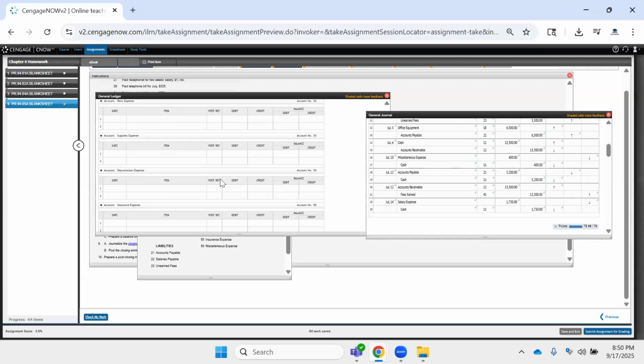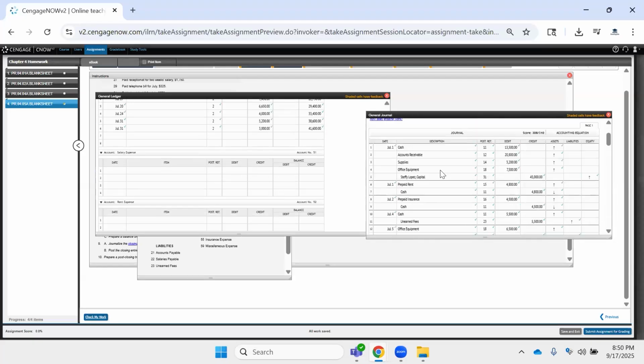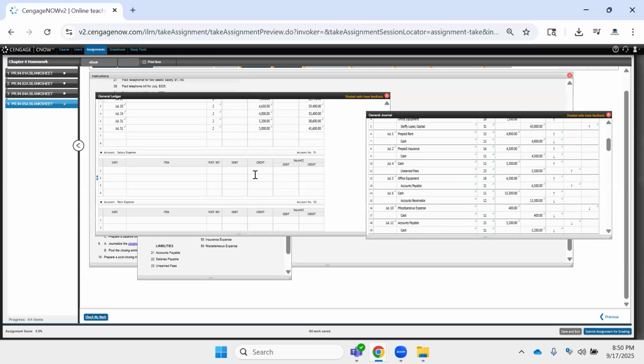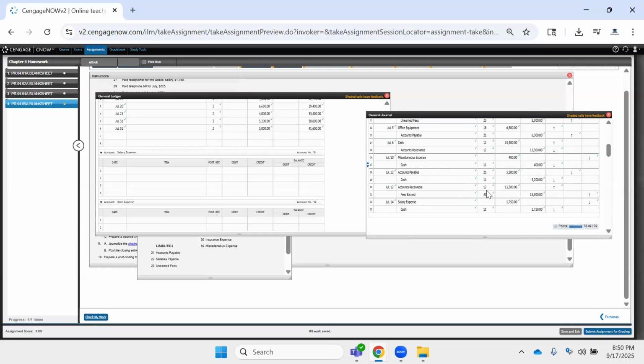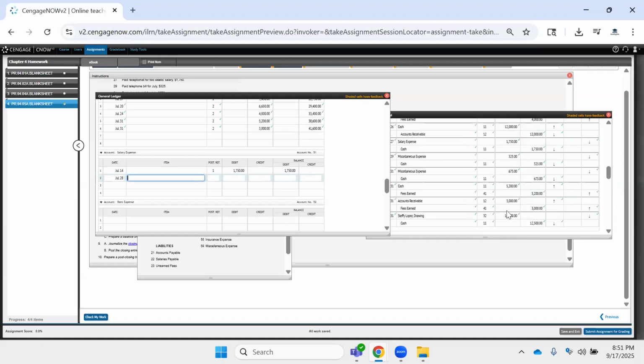And then we have our expenses. So first expense being salary expense, number 51. And the first payday was July 14th at 1750. And then we had another payday July 28th because that's 2 weeks later. Looks like they were paid on the 27th, actually.